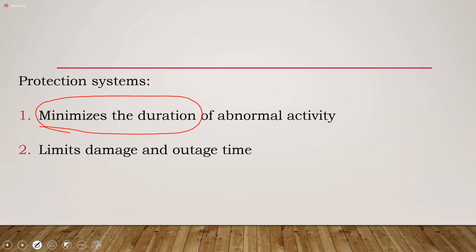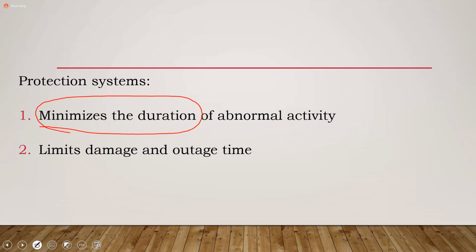Bear in mind that the objective of the utility is not for you to be without power, because they are actually selling you that energy. If you don't have power, they can't earn. So the objective of the utility company is to provide you with electricity as much as possible, because unless you are using it, they don't earn.